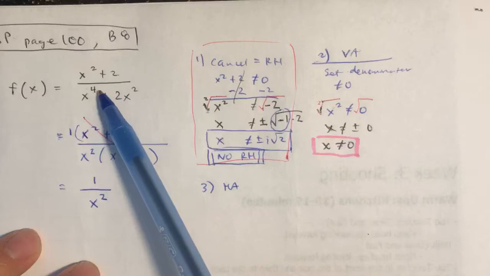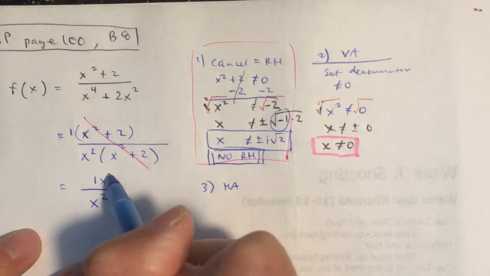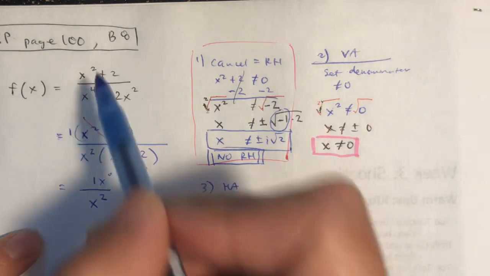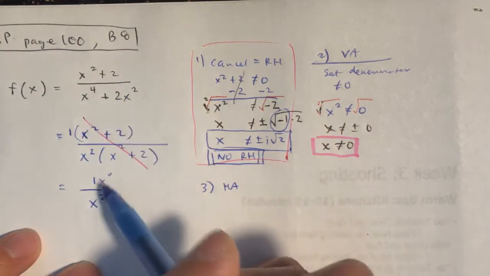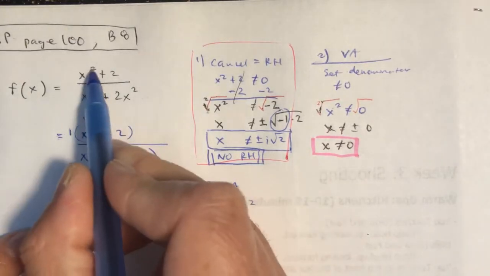I have a 2 and a 4, or you can go down here and do this one, and you'll notice it's the same, 2 to 4 or 0 to 2.